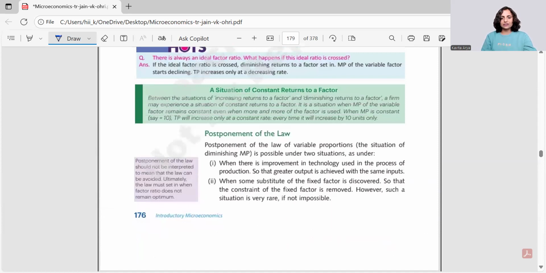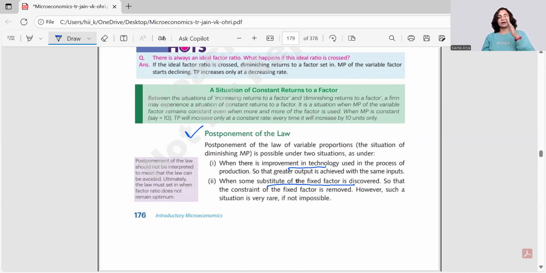Yeah, there is one thing, postponement of law. What do you mean by the term postponement of law? Means this diminishing returns is an inevitable situation that has to happen. But if you just keep on improving technology, right? If you have some better substitutes discovered for the fixed factor, then you can postpone it a bit.